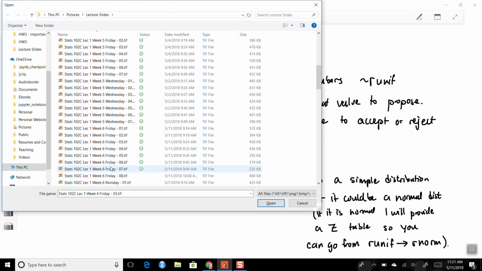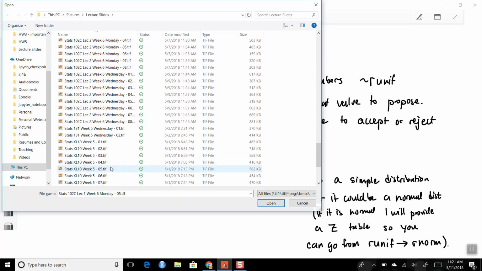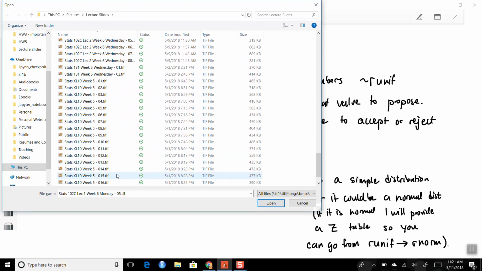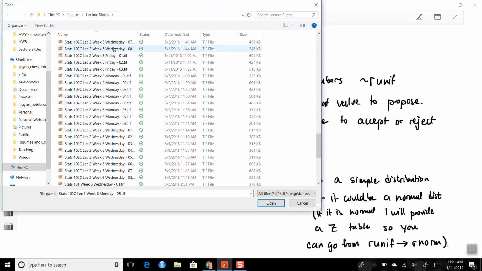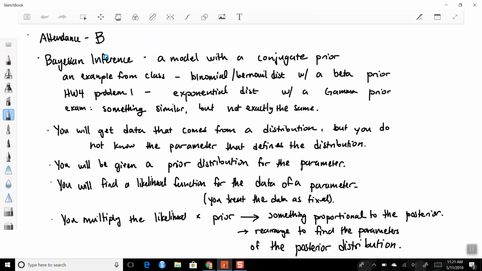Yeah, okay, so you just have to make sure it's proportional to the posterior. You would multiply the likelihood times the prior, and that will give you something in the form of the posterior. It's just going to be proportional to the posterior.